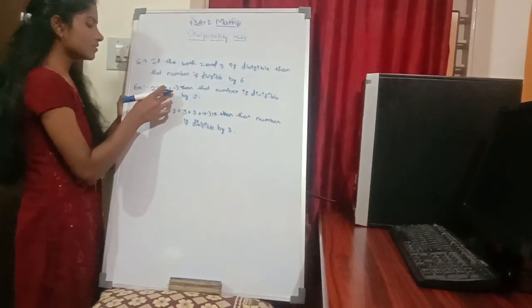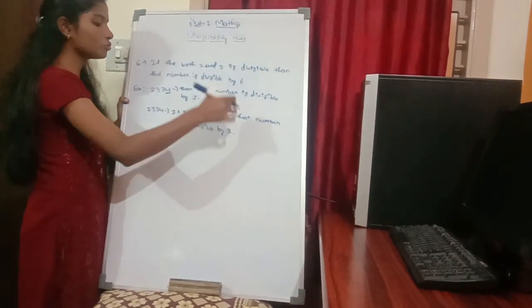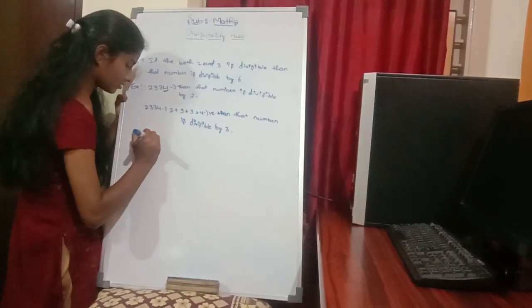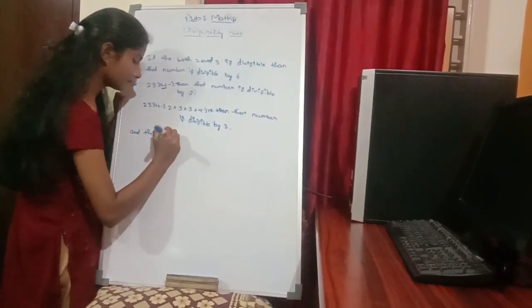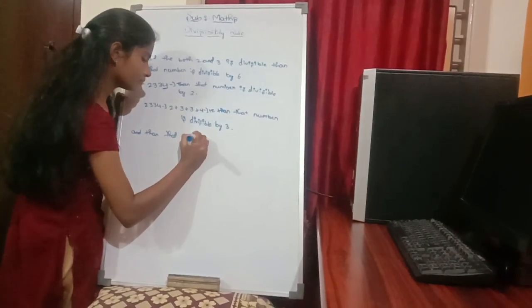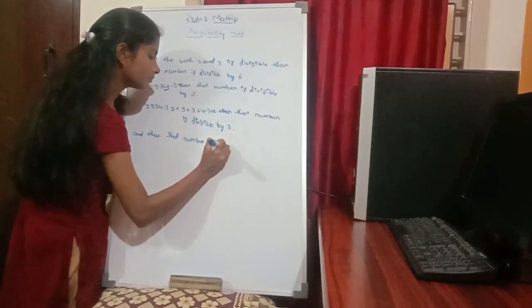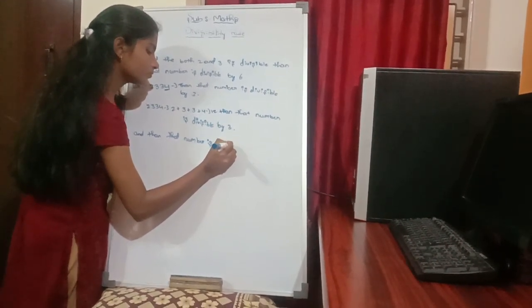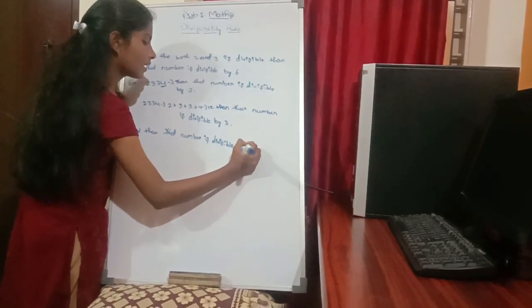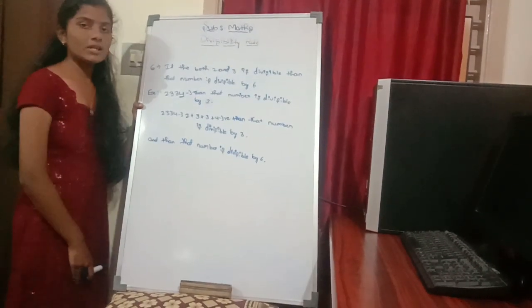Here this 2334 is divisible by both 2 and 3, and then that number is divisible by 6.